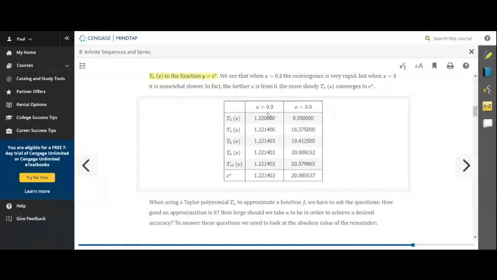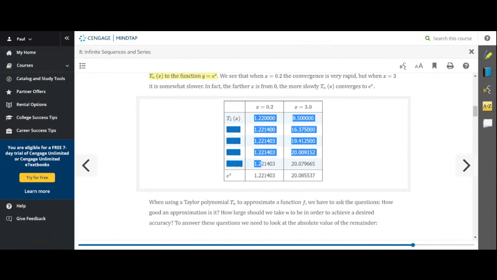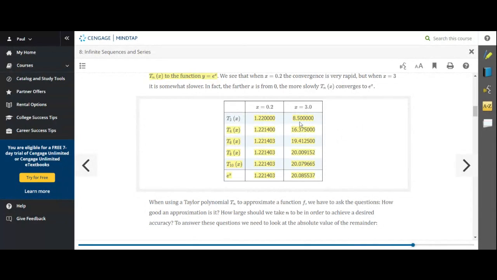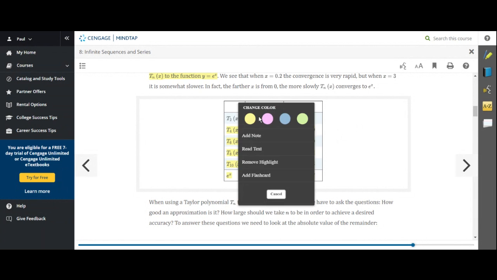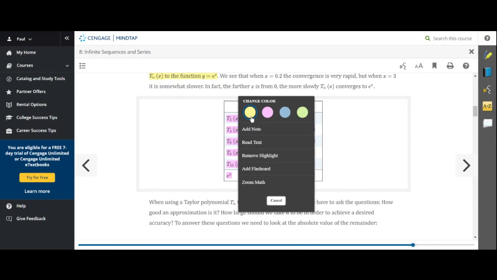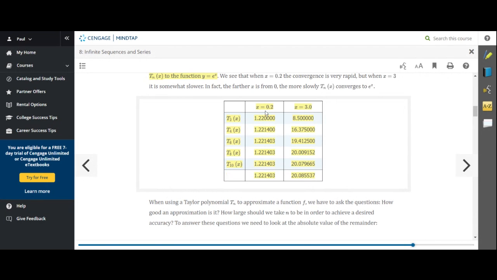They have a little table here, let me highlight it in yellow. When x equals 0.2, here's e to the x at the bottom.